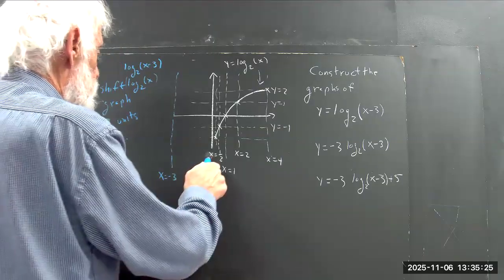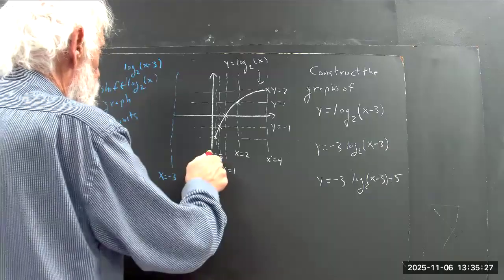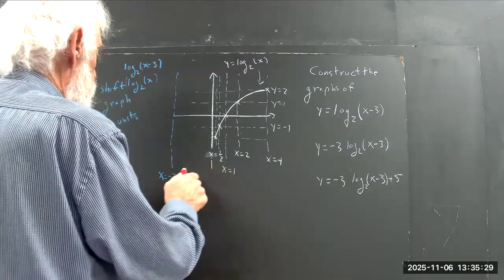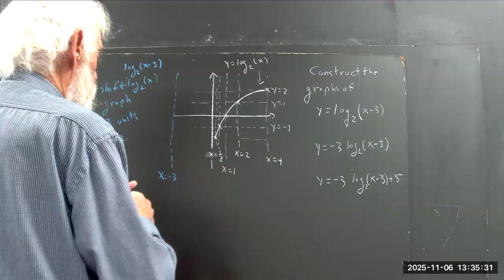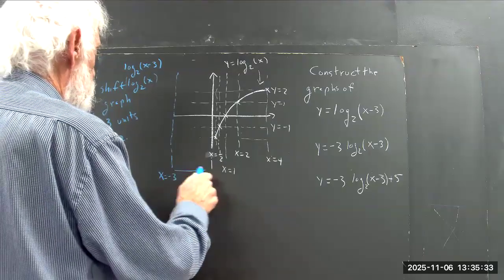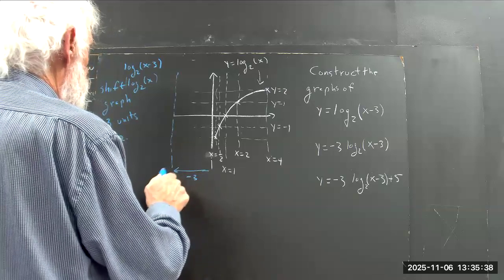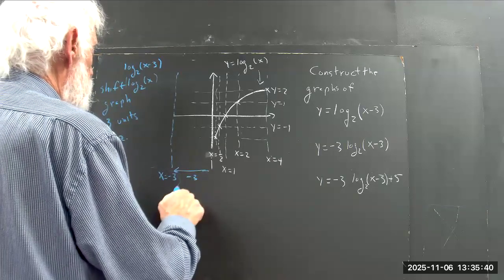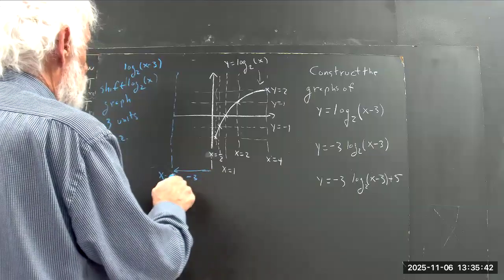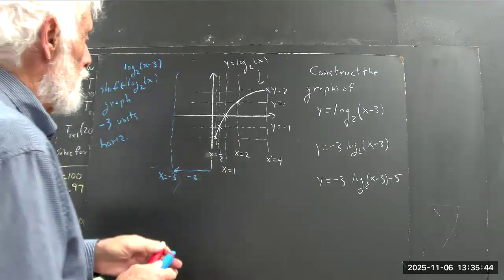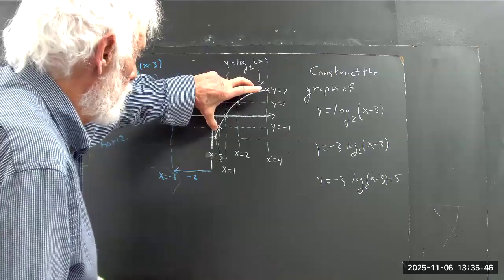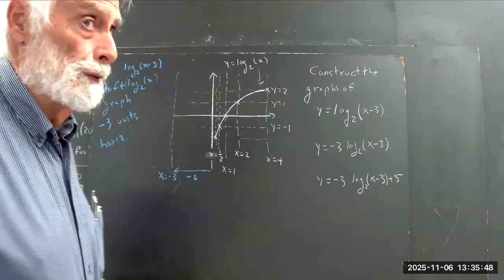And that line shifts the y-axis -3 units. It takes this whole graph and shifts it -3 units.